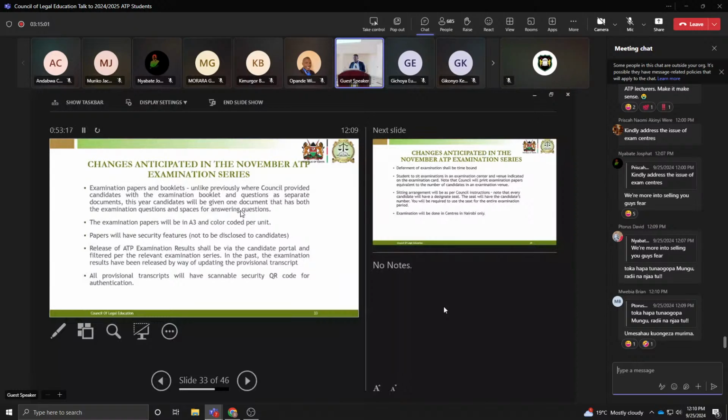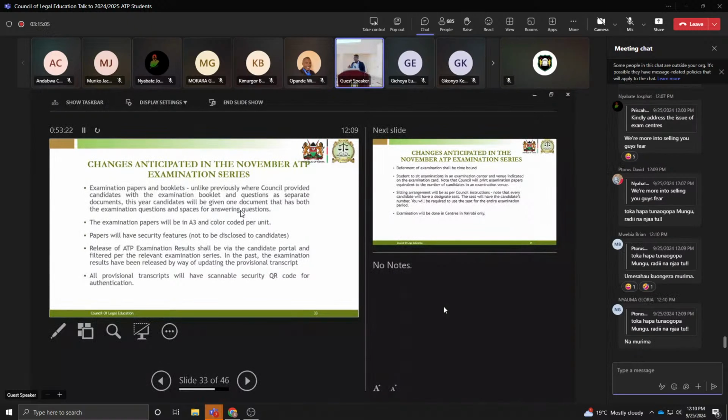And ensure, the way that she has said, that you sign the attendance form, because once the QR code is scanned, it will produce a serial number for that paper that will be written in the attendance register. So if you ever come and say, oh, I sat for this exam, but I cannot see my marks, we will only go to the scripts and scan the QR code, so that we don't have any foreign material coming into the examination room.